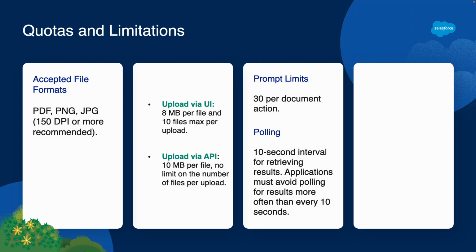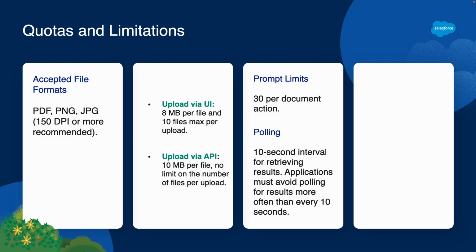So for each document action, it is limited to 30. When I say document action, it can be the data from one file, but you can upload 10 files of the same data. For example, if you have a patient form, the document action is created for the patient form, and you can upload 10 files or more, but from each file only 30 fields can be extracted.